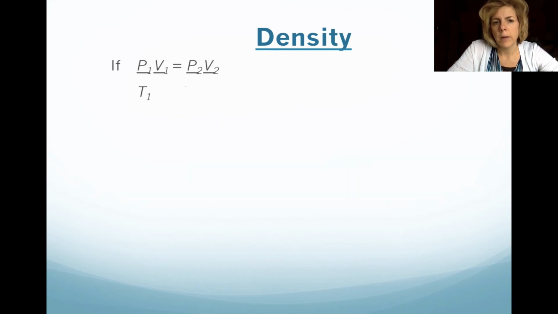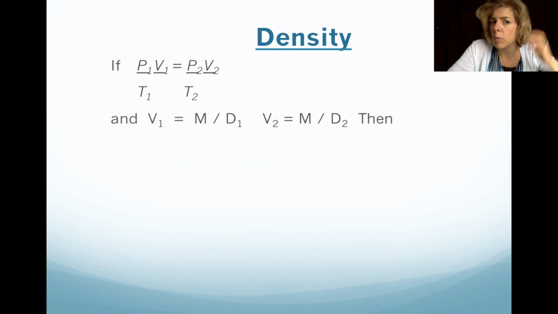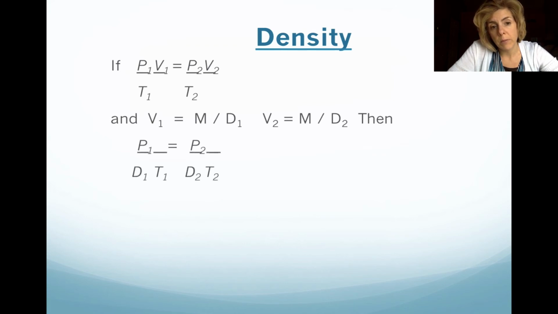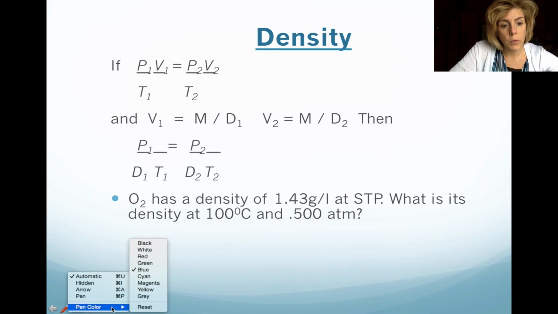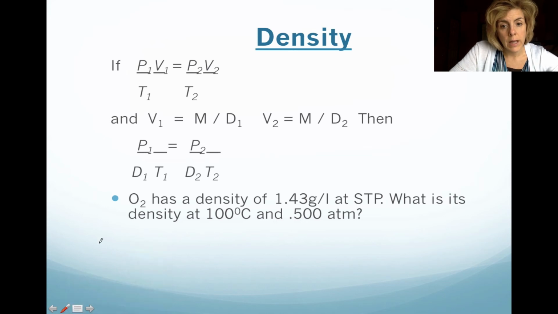Okay, here's another problem. If we relate pressure, volume, and temperature together to density, so we replace V1 with molar mass divided by density, and V2 with molar mass divided by the second density, we can get this equation. We can use it with the following problem. Notice that O2 has a certain density, and they want to know what its new density is. So how do you set that up?